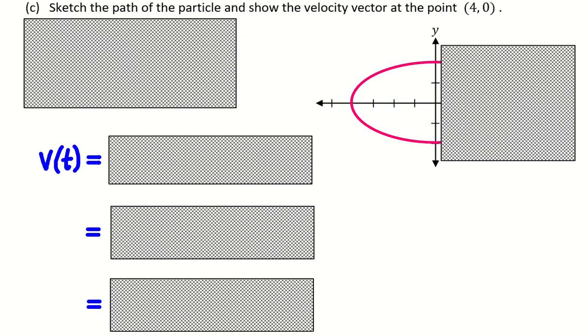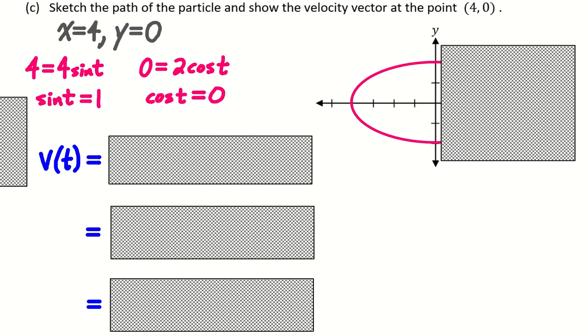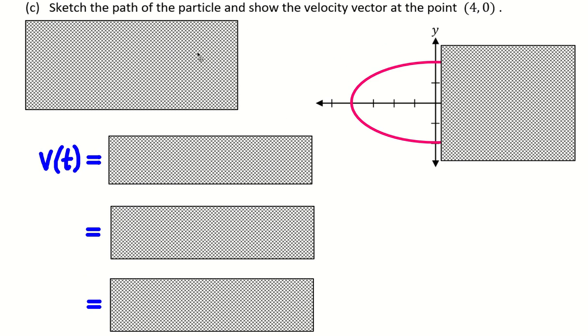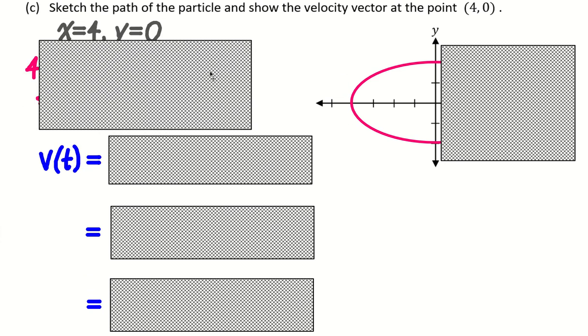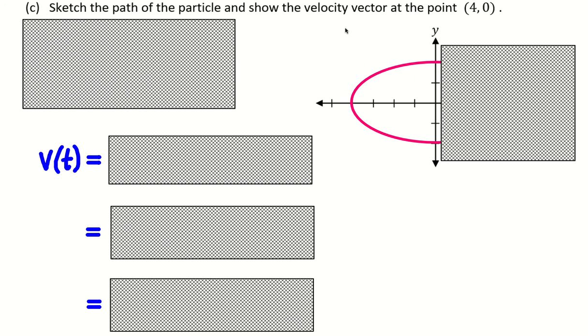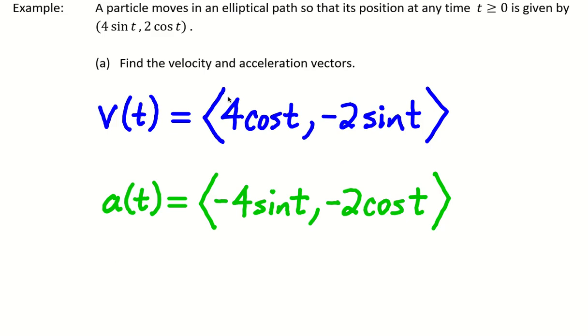Sketch the path of the particle. So what do we got to do here? We got to sketch the path. You can just use your graphing calculator in parametric mode.